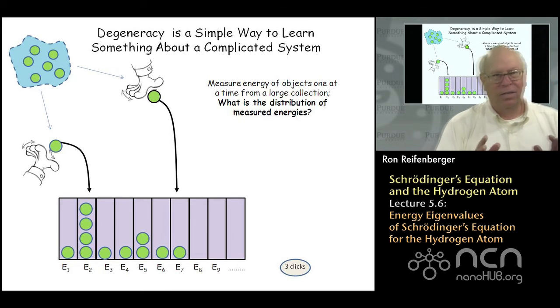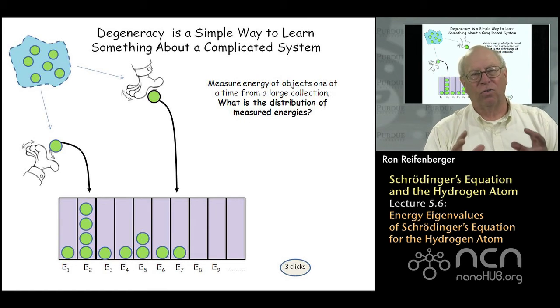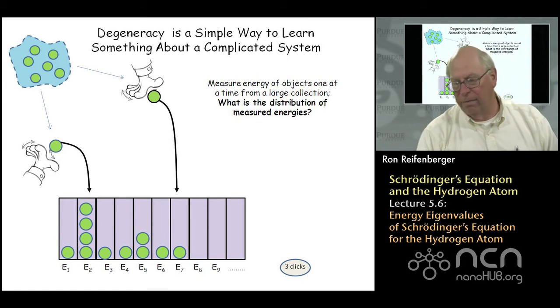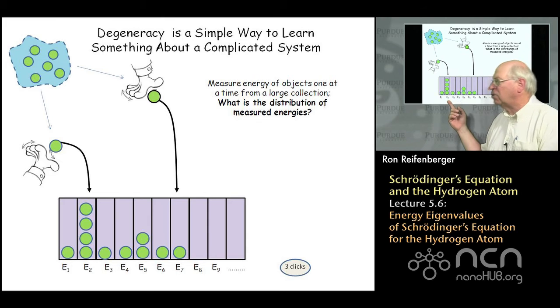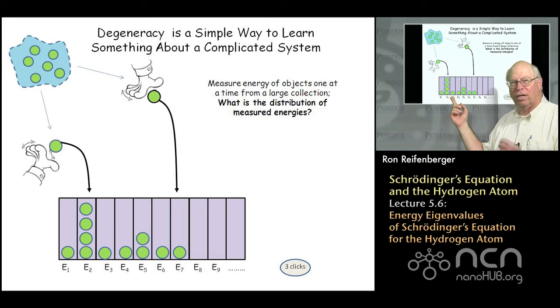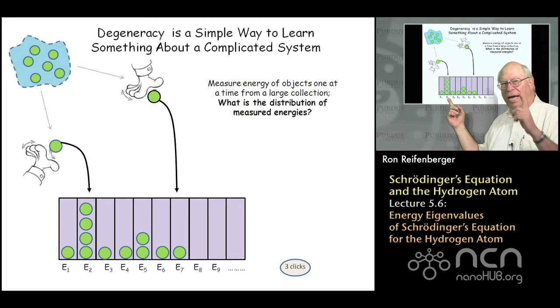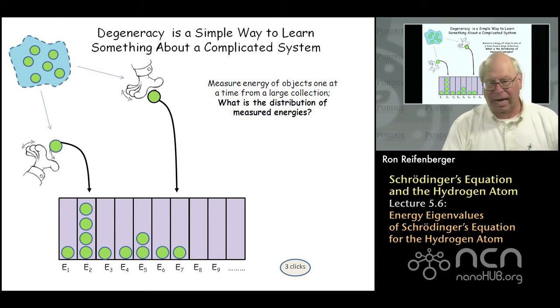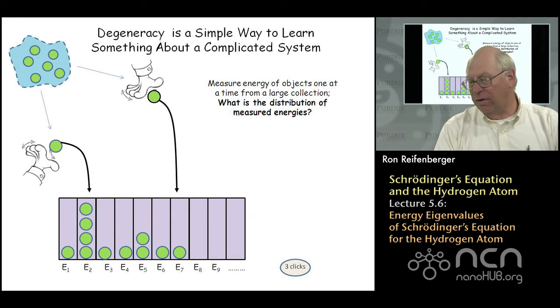So that indicates some sort of internal structure for this hydrogen atom, and it's an indirect reflection of the degeneracy. It just means that there are more ways to form a hydrogen atom with a particular energy E2 than there might be for these other energy states. So it's a very qualitative way to think about degeneracy, but it's an indication that something's going on.